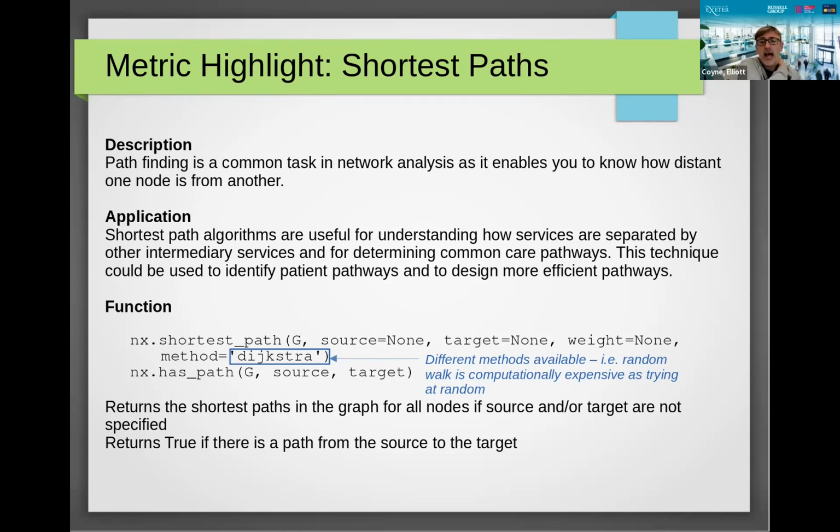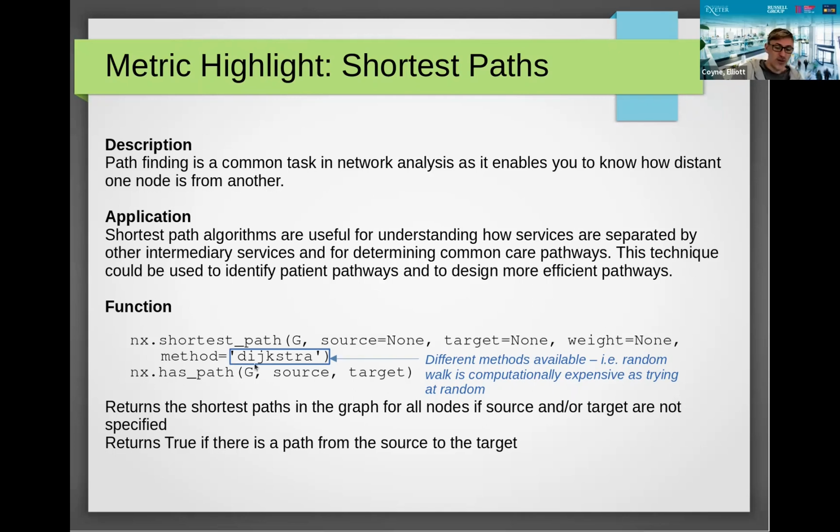To do this, there are two different implementations: shortest path and has path. One of them is just going to return a Boolean, the second one. You can see here we've got different methods available at our disposal, and they can be passed in as an argument. You can have a random walk, which is quite computationally expensive, and then there's Dijkstra.